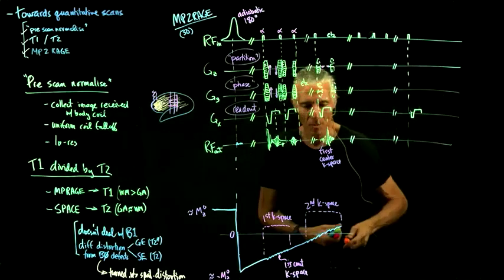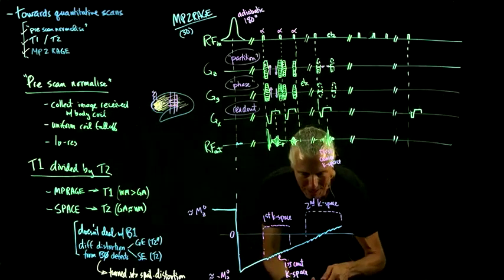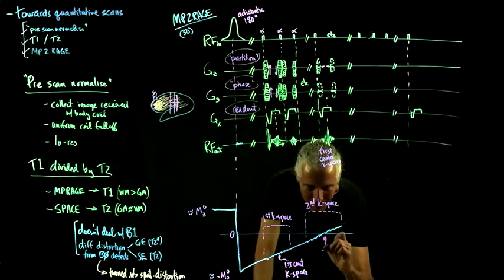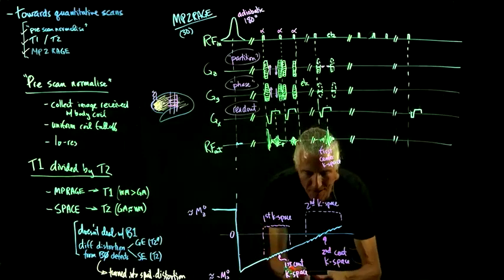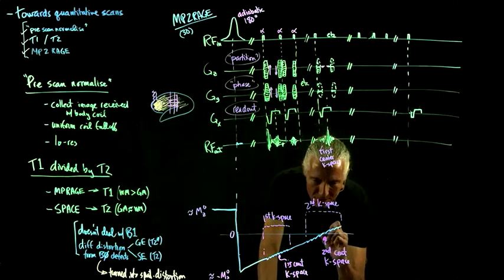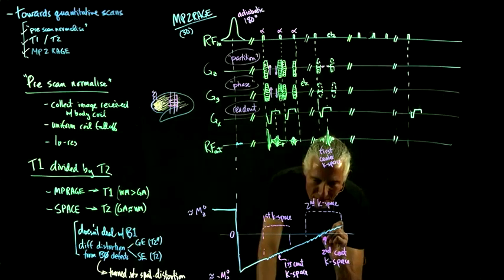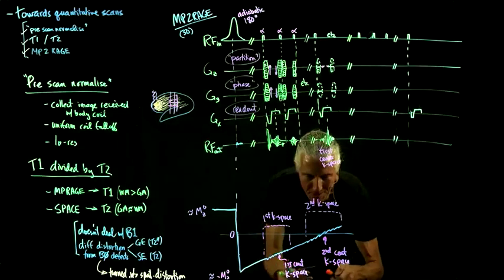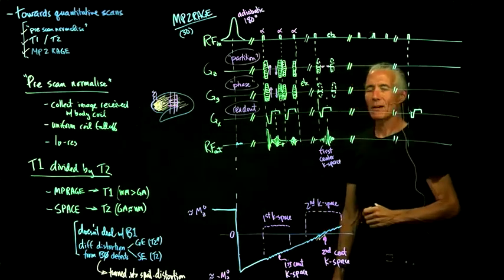So our hope is that when we record the second center of k-space right here, we actually have our white matter recovered above 0, and then we've got another one right below it like that, where our gray matter is still at 0.